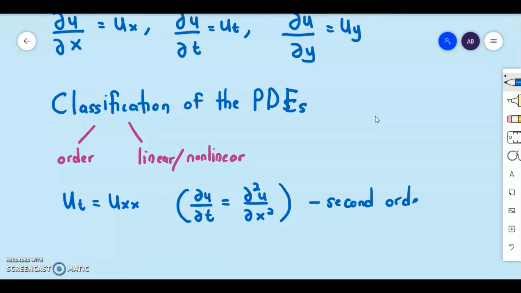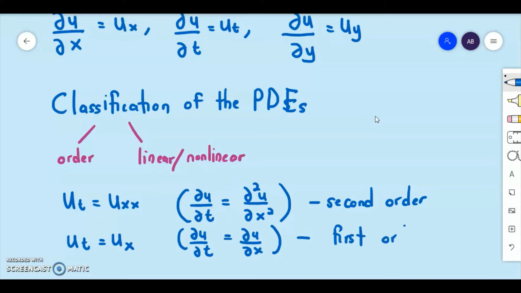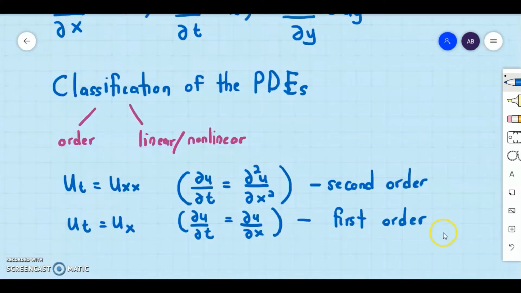If I have partial u over partial t equals partial u over partial x, u_t = u_x, this is first derivative, so first order.